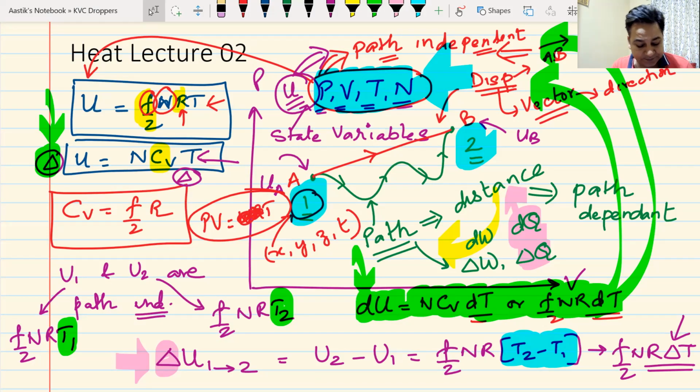Do you all remember this? What are state functions, state variables? Internal energy is a state variable and therefore it does not depend on path. Whereas work and heat given to anything, heat given and taken out, depends on path. It is not a state function. We remember this? Yes, sir.